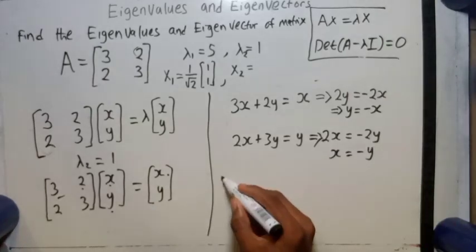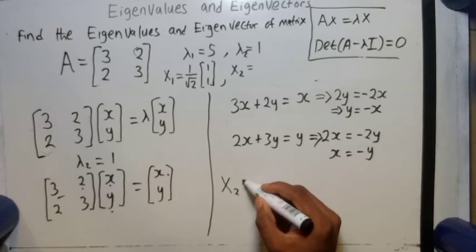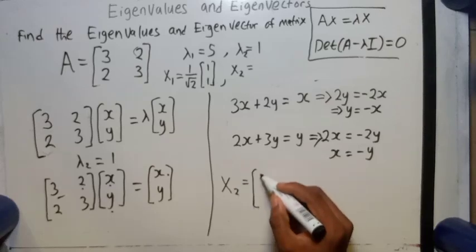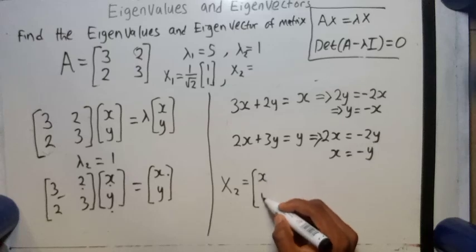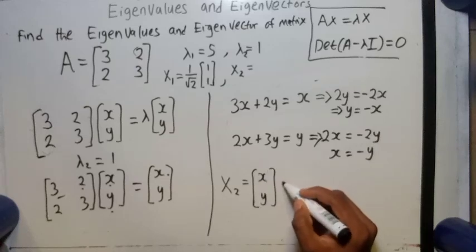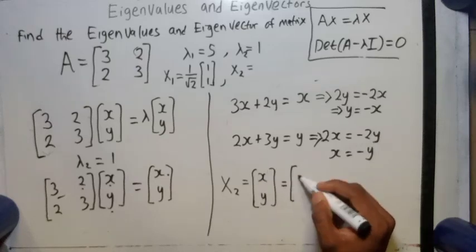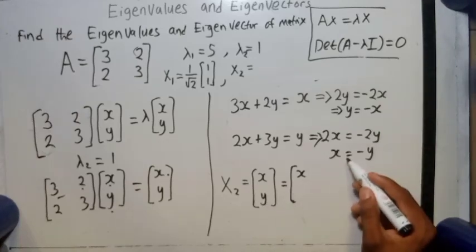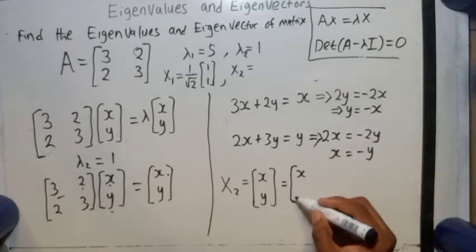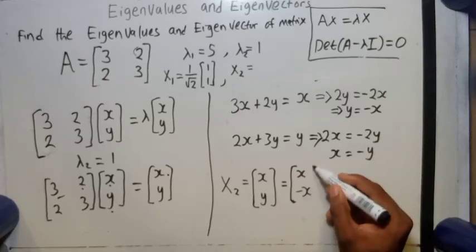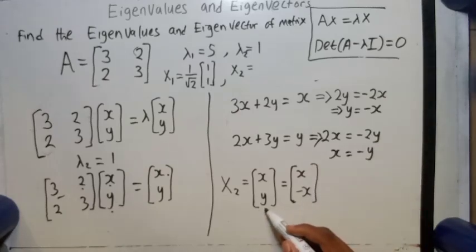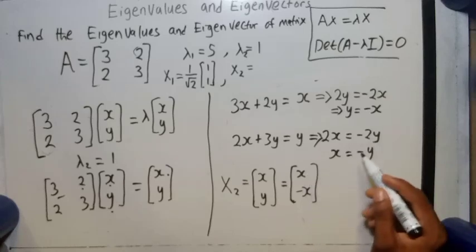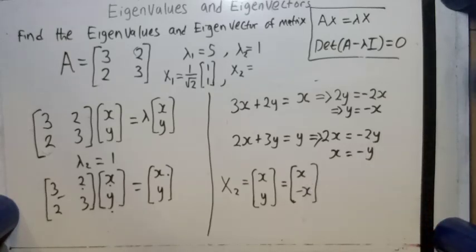Now our eigenvector is going to be for our x and y. If I want to use x, this is still x, but our y is equal to minus x, so here becomes minus x. If I wanted to use y to represent the two of them, here would be y, while up here becomes minus y.